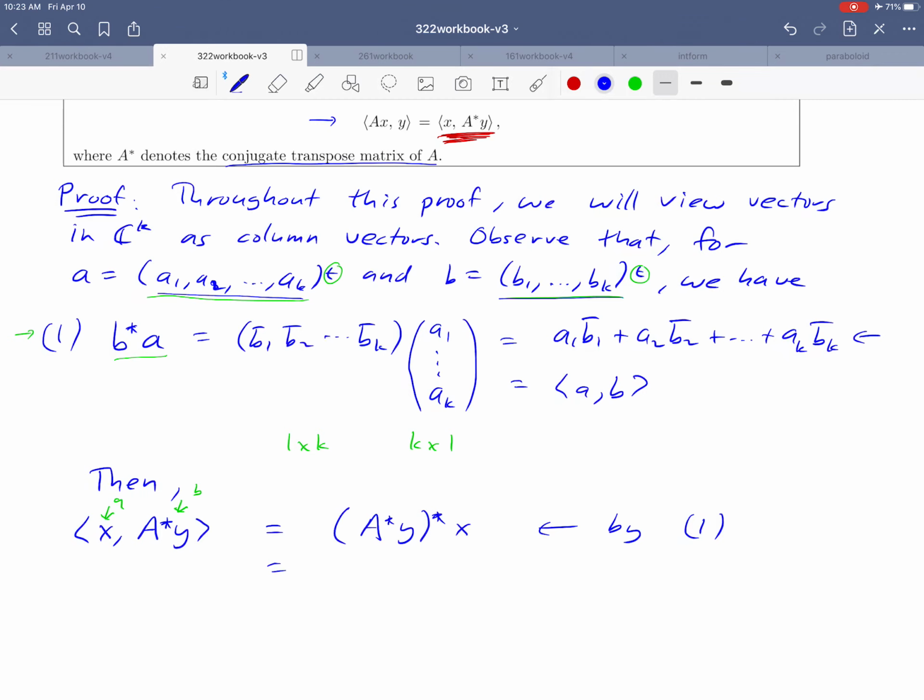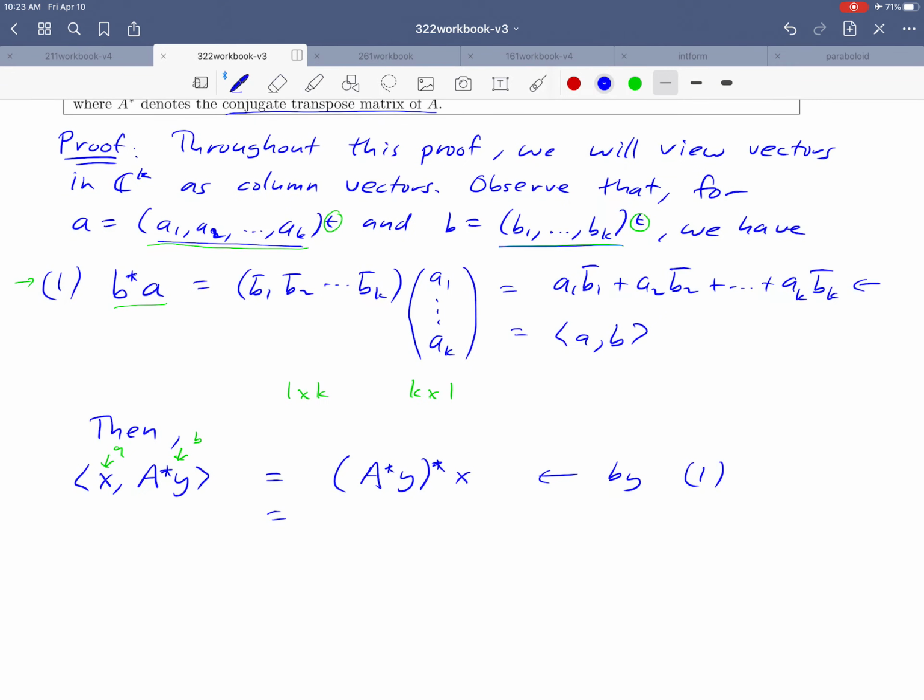Then we're going to use a couple of properties of conjugate transposes. For example, I claim that this part underlined here we can rewrite as y star times A star star. Where did that come from? That comes from the fact that for any two matrices, if you take the conjugate transpose of a product, you get the product of the conjugate transposes in the other order.